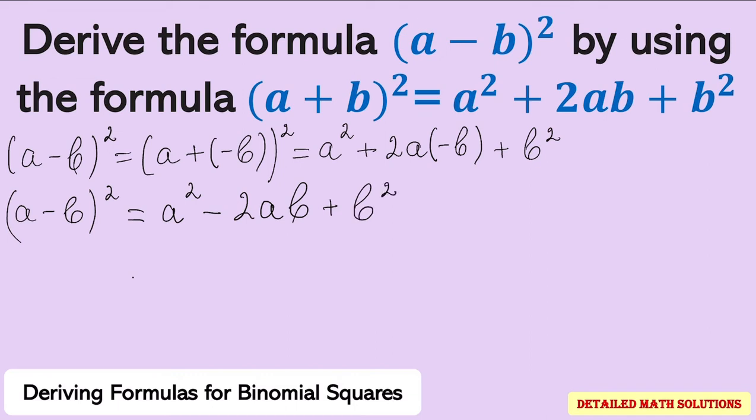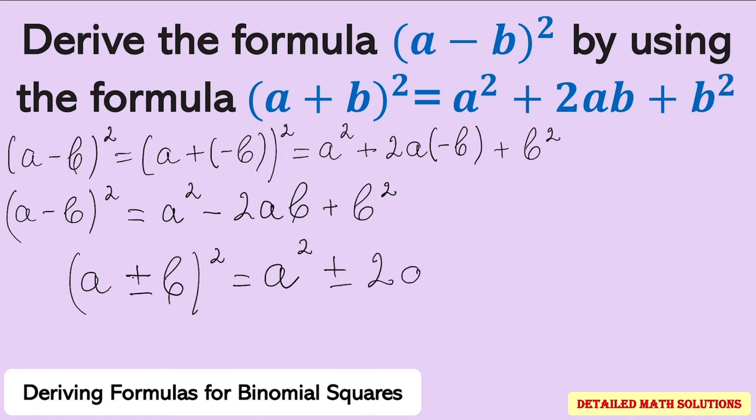And combined, both formulas for binomial squares can be written as (a ± b)² equals a² ± 2ab + b².